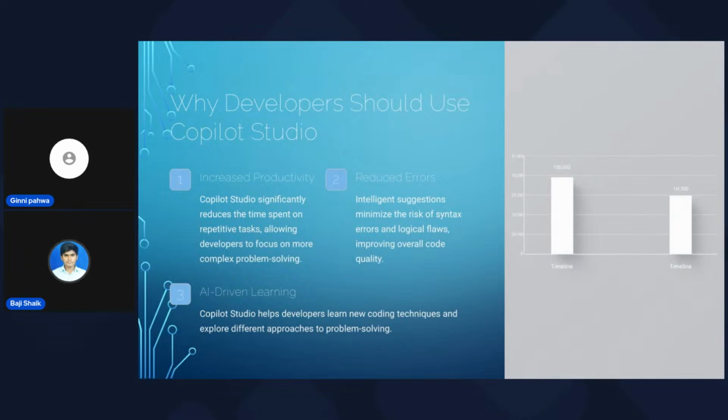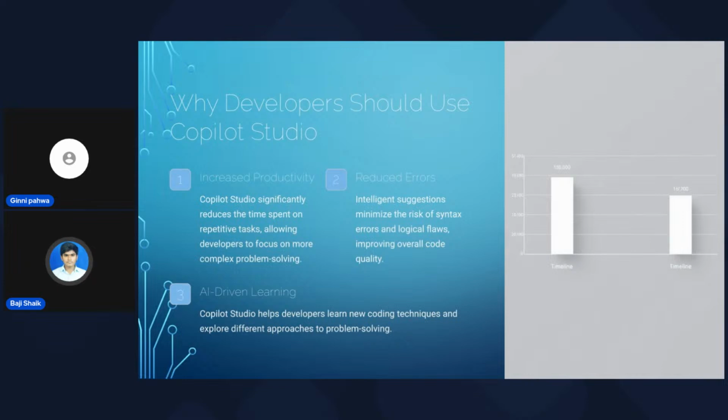So the second one is reduced errors. Intelligent suggestions minimize the risk of syntax errors and logical flaws, improving overall code quality. So why should we use Copilot Studio? As we discussed before, if you're getting any errors or bugs, even if you write your own code, sometimes we can't rectify how they're coming.